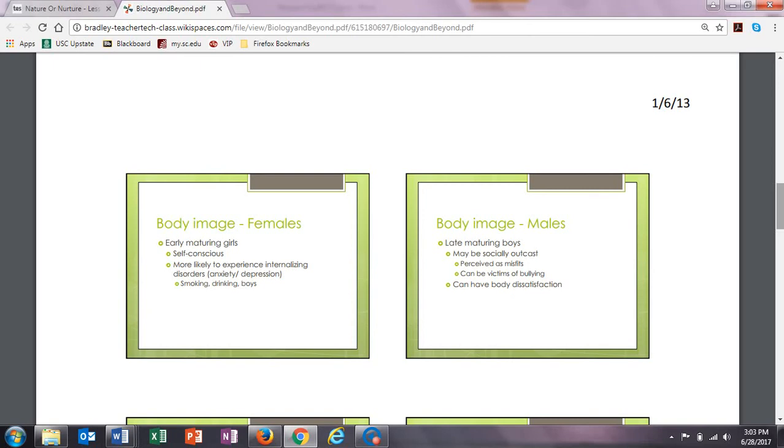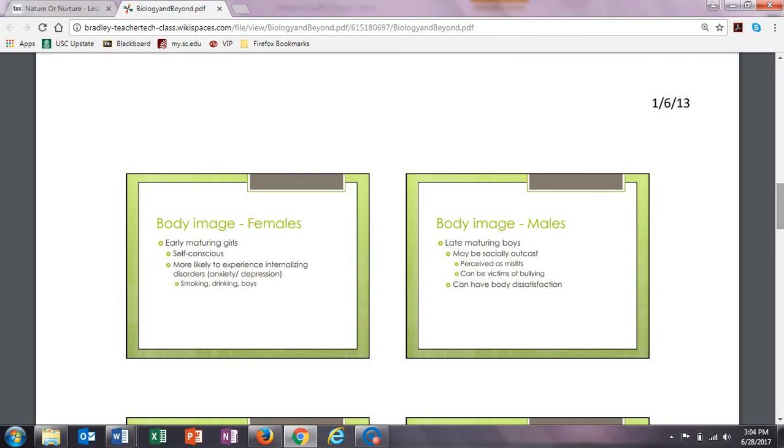They're more likely to express anxiety and depression, smoking and drinking, and they're going to spend more time with boys, because boys find that early maturing female much more interesting than the later maturing ones. So we want to support those girls experiencing early maturation and be there and tell them it's just biology. It's just the way that we're built, but we support you. We're here to help you, and we're here to protect you too.